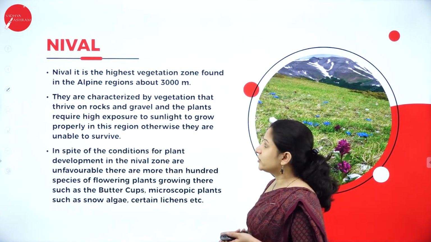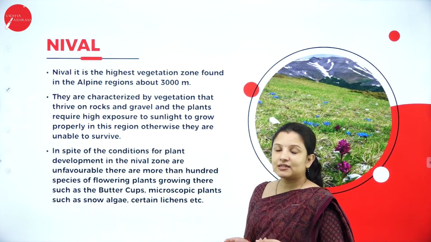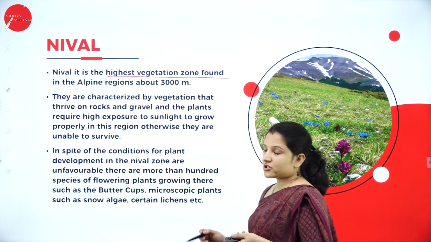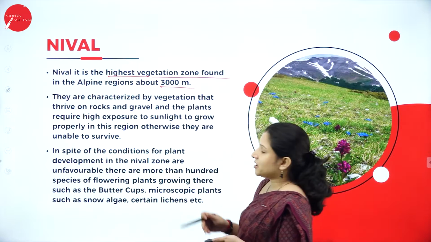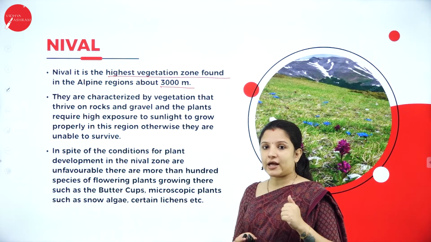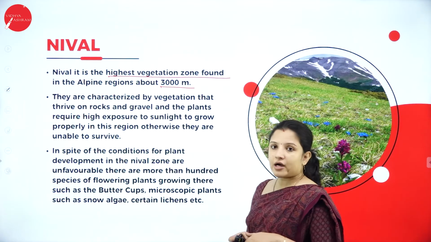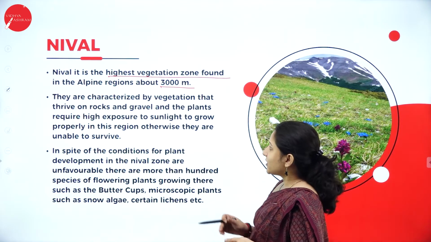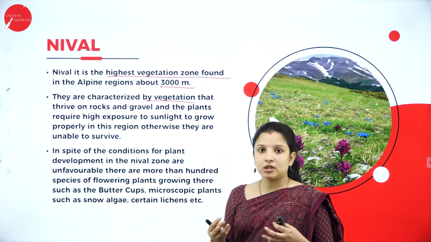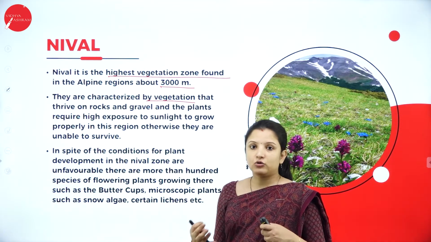So next, talking about the Nival region. Nival is the highest vegetation zone, found above the alpine region, above 3000 meters. After the alpine region, somewhere above 3000 meters, we have the Nival region. These regions are quite rocky, meaning they are made up of stones and boulders and all that.